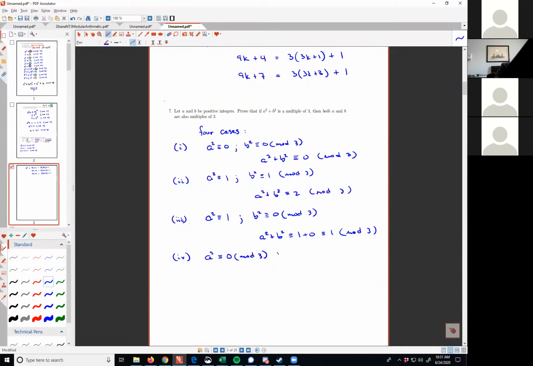And I'm going to write this one out more completely. I'd been leaving mod 3 off for the a squareds just because I was following it up with the b squareds, but just to be most correct about the way I'm writing this, I'll always write mod 3 if I'm being most correct.